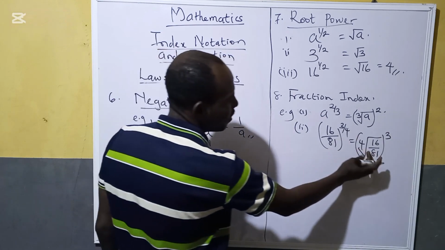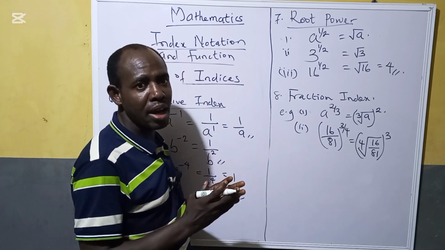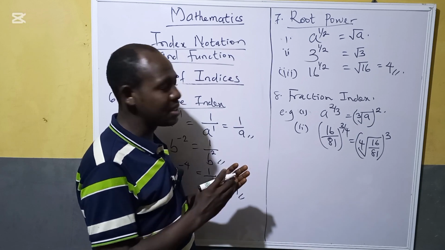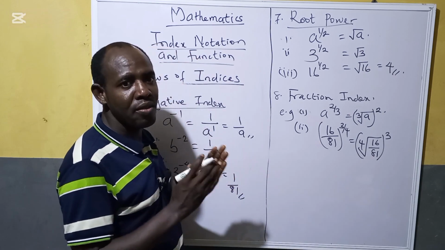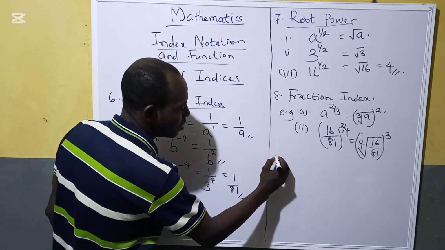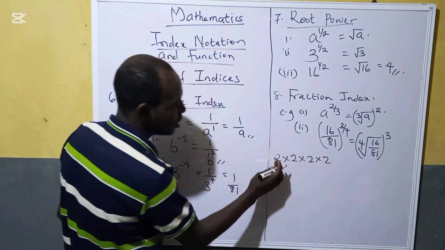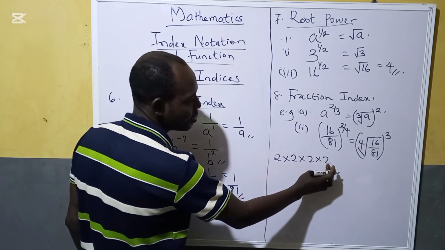Now, what is the fourth root of 16? Fourth root of 16 means a number you can multiply in 4 places that will give you 16. And then 81 means a number you can multiply in 4 places that will give you 81. For 16, if you multiply 2 times 2 times 2 times 2, 2 times 2, 4, 4 times 2, 8, 8 times 2, 16.